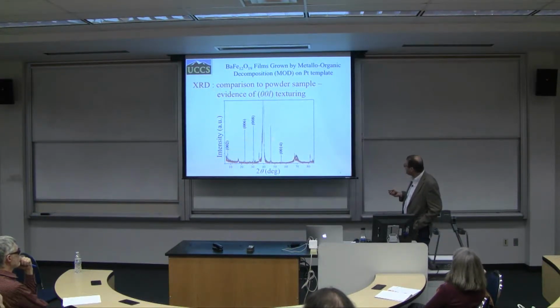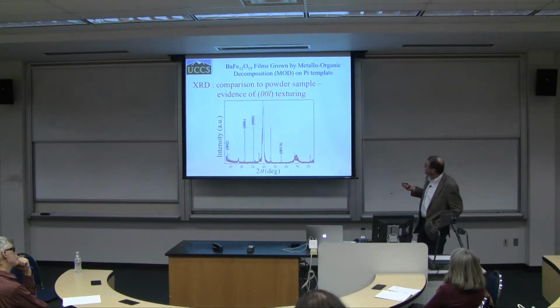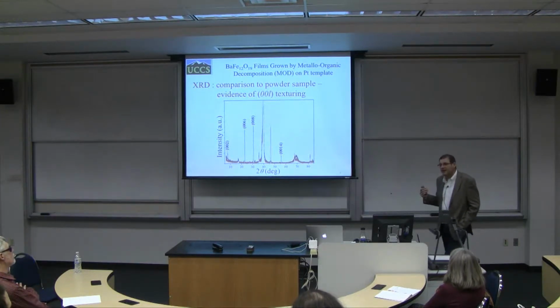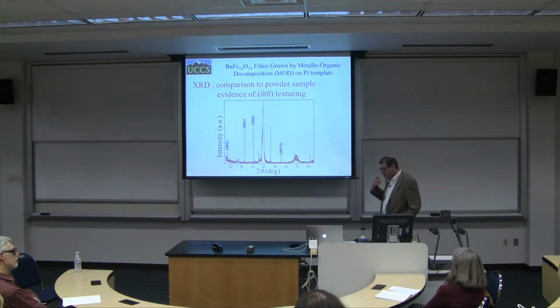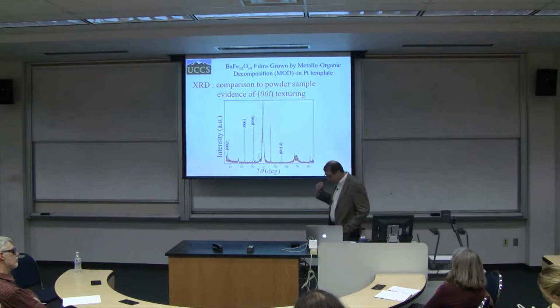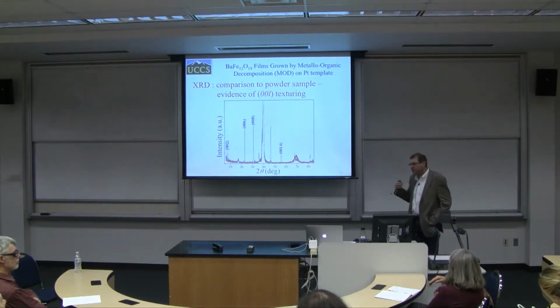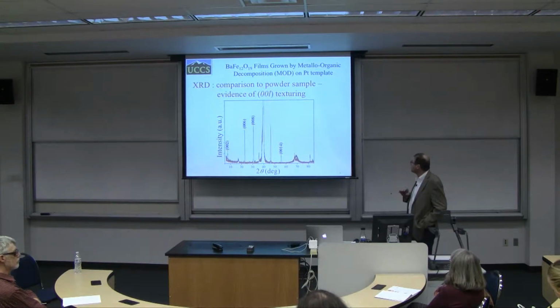And if you look at these numbers here, all of them have a type of orientation which we call 00L. It means that all my reflection comes, in this particular case, from planes which are oriented such that my C-axis is normal to my substrate.